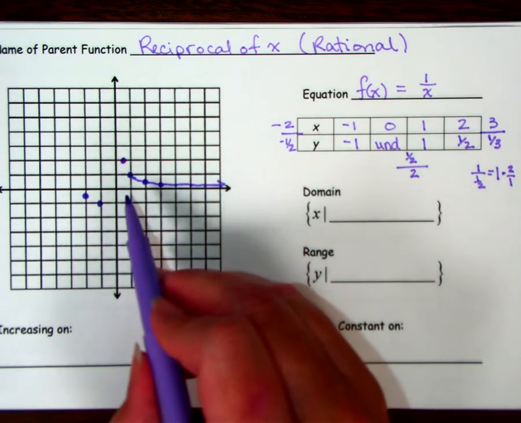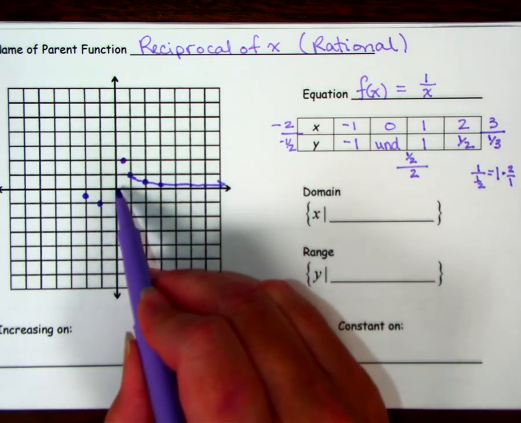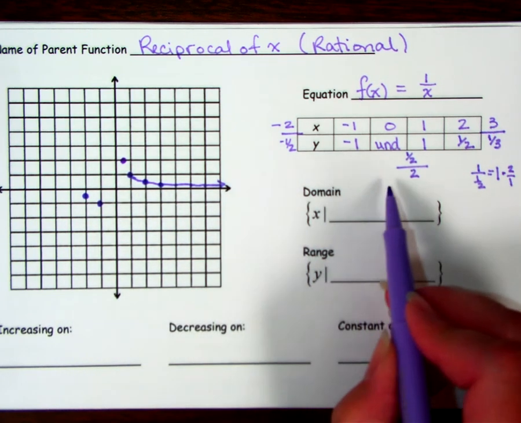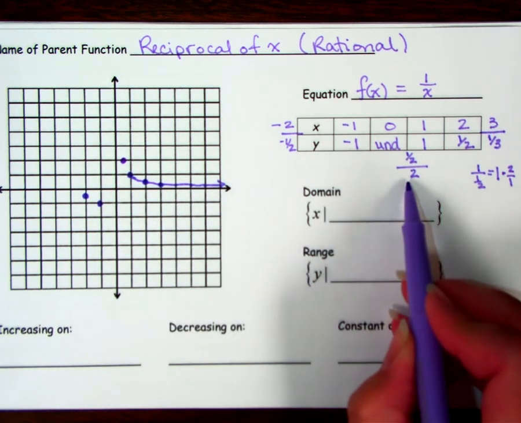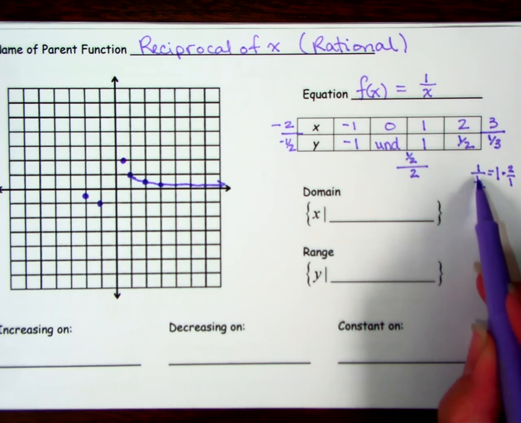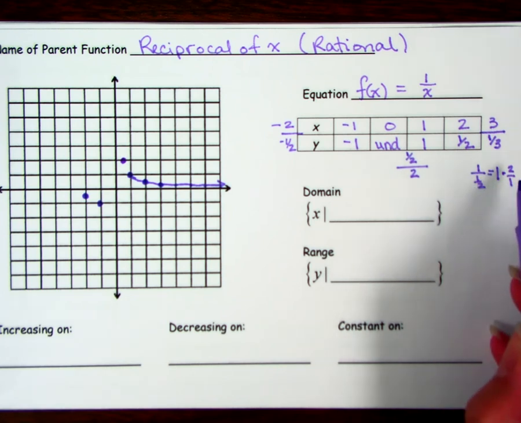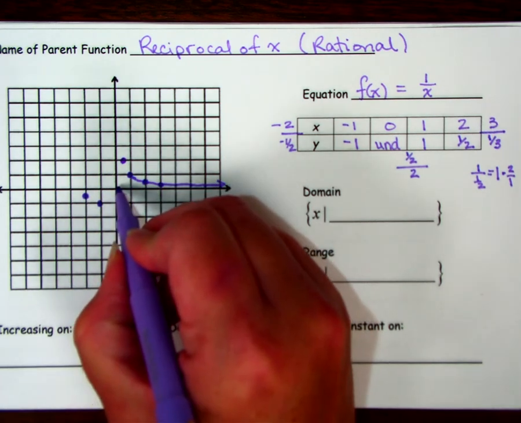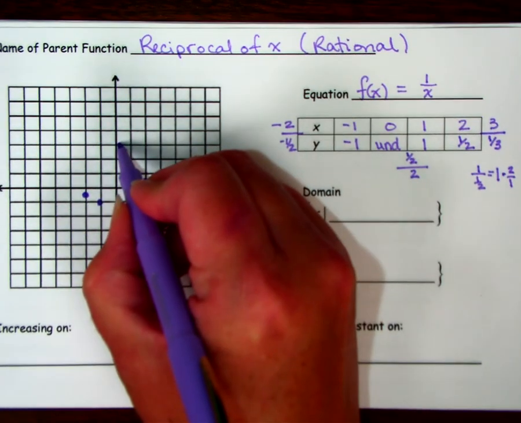And similarly, if I pick something that was a little bit closer to 0, like maybe a third, and then I follow this same idea here, 1 divided by 1/3, then that would say 1 times 3 over 1, which is just 3. So a little bit closer to the y-axis would give me 3.